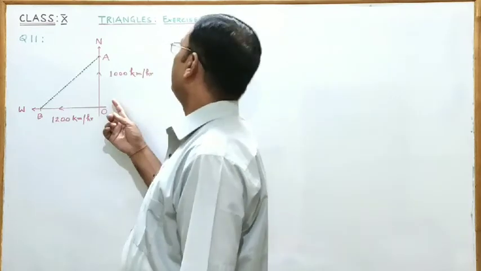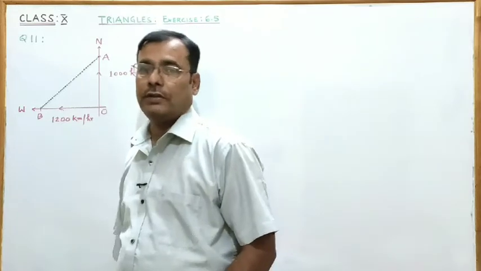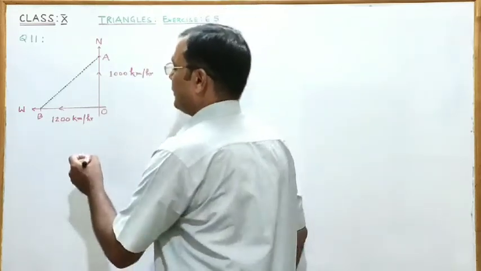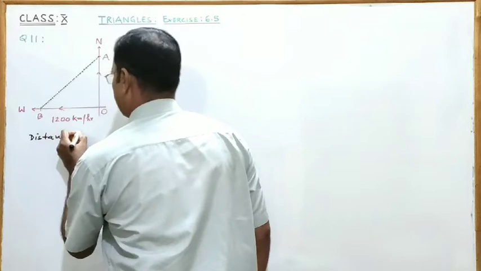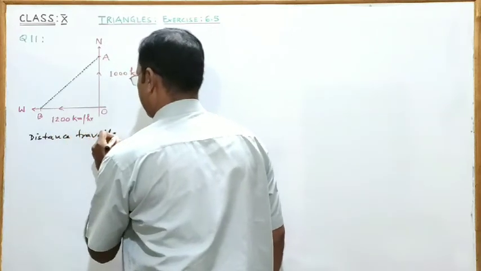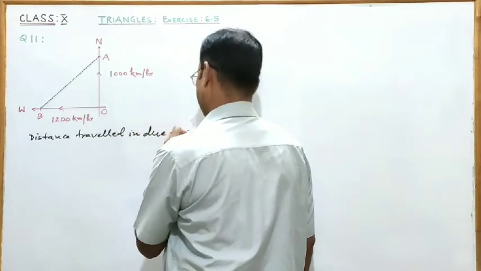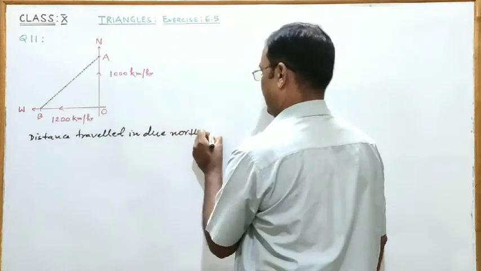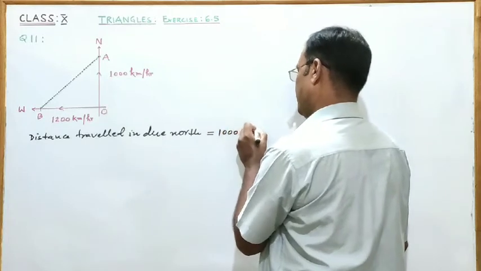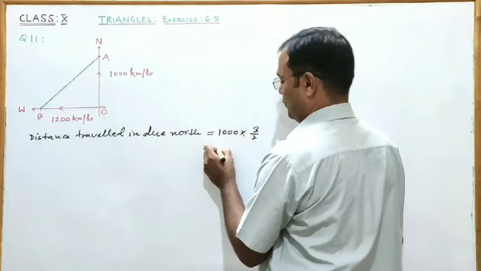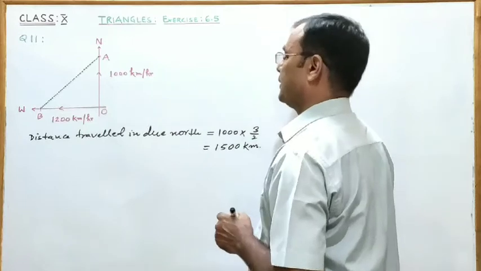So first we shall calculate the distance travelled by the aeroplane in the direction of due north in 1.5 hours. So distance travelled in due north is equal to 1000 into 3/2, and this is equal to 1500 km.